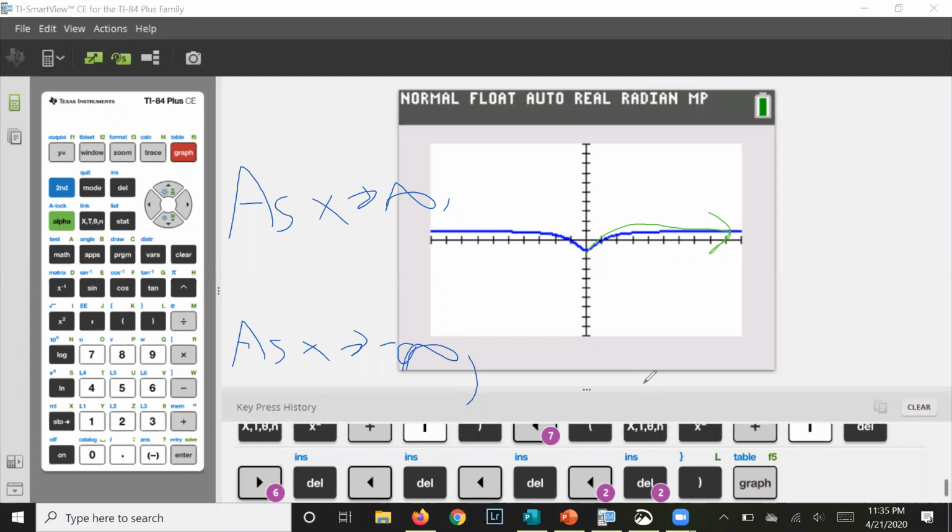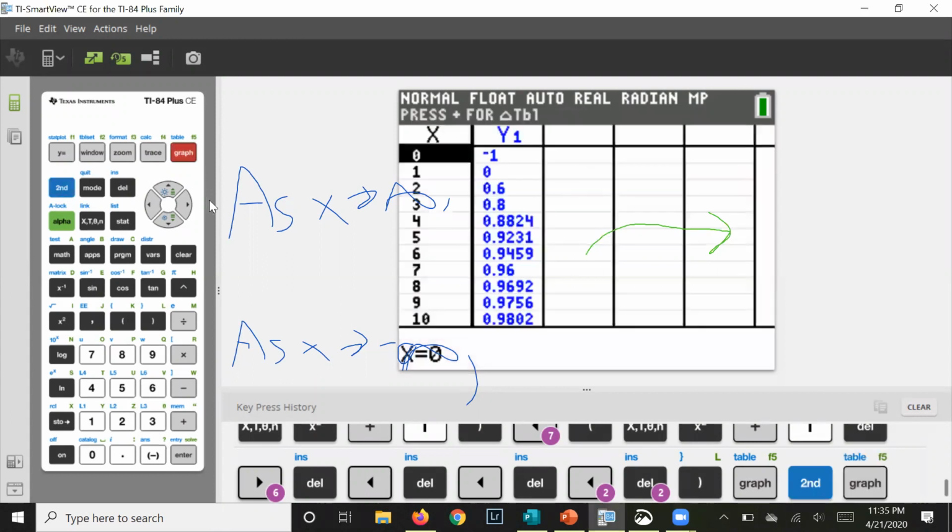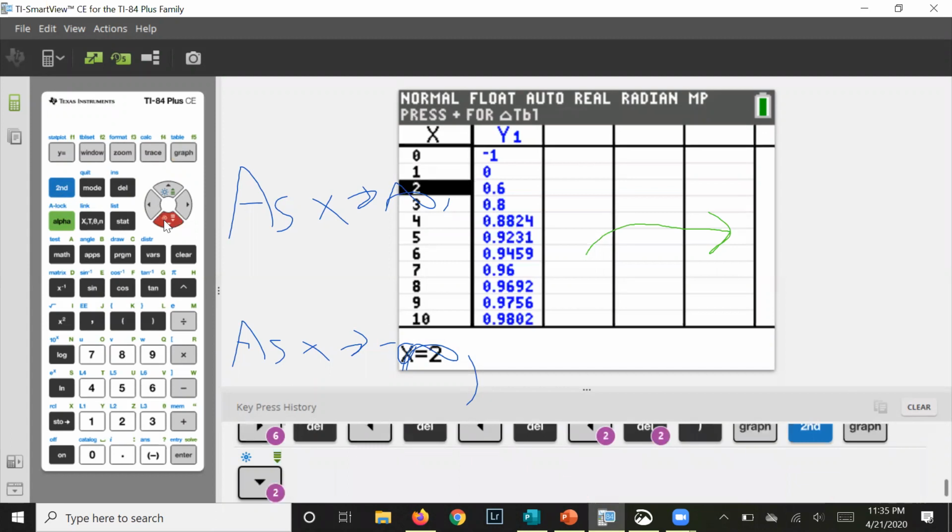And it looks like the graph is kind of flattening out, but it's hard to tell. So one way to get some certainty is if we press second graph to go to the table and start increasing the input values here and see what we see.